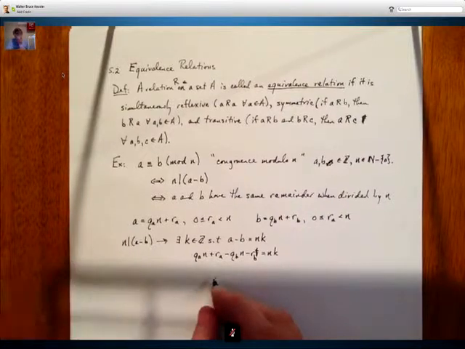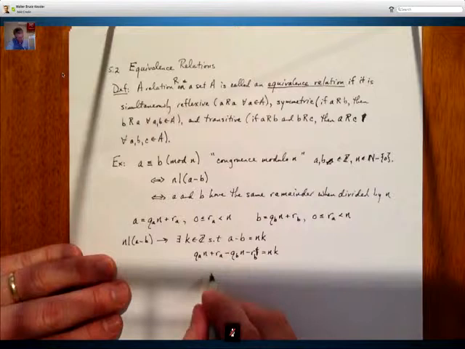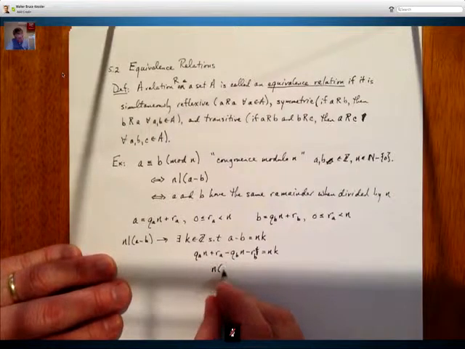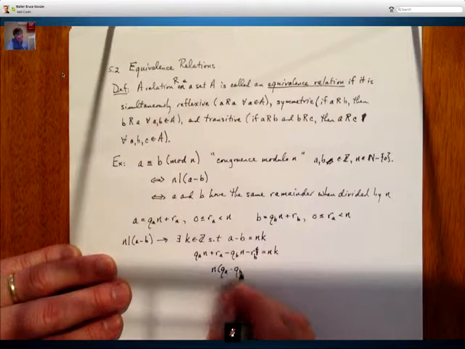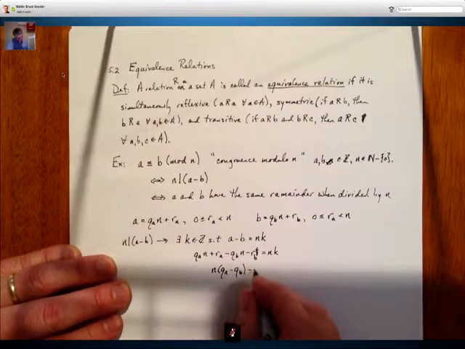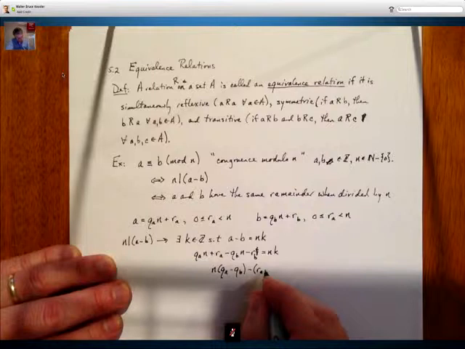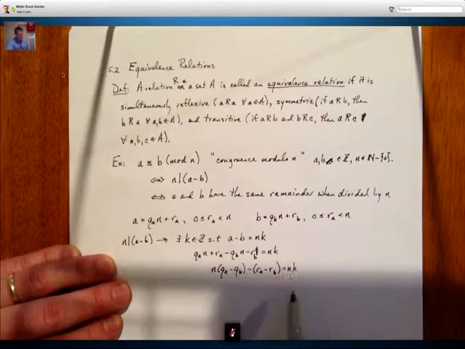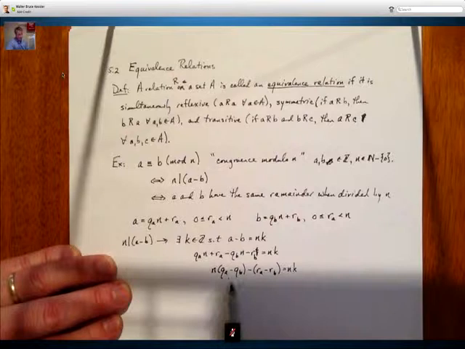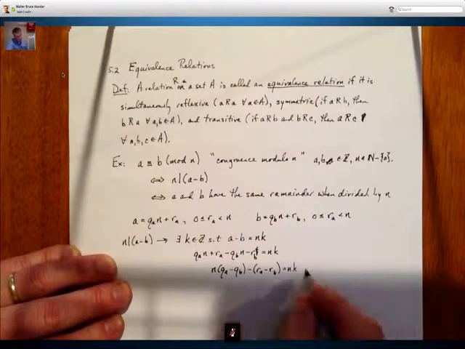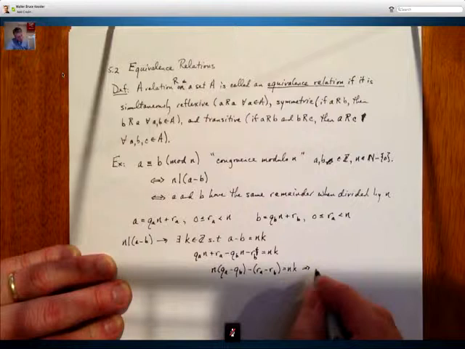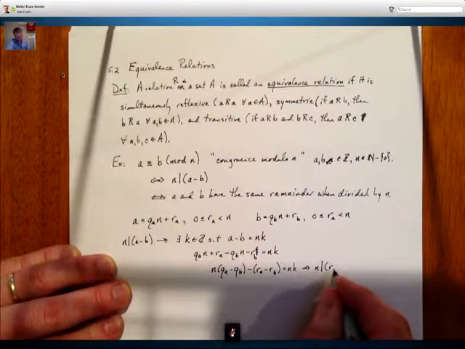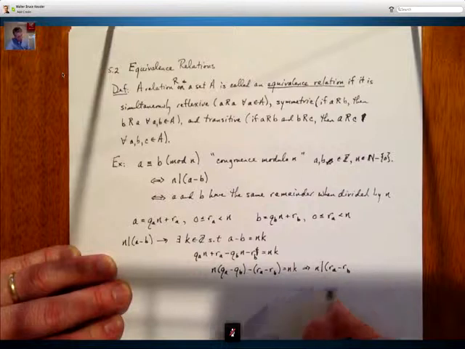So let's think about, I can factor an n out of a couple of these things, right? N, and there's Q sub A minus Q sub B, but then I'm left with R sub A minus R sub B. Well, n divides this and n divides that, so that forces then that n has to divide R sub A minus R sub B.